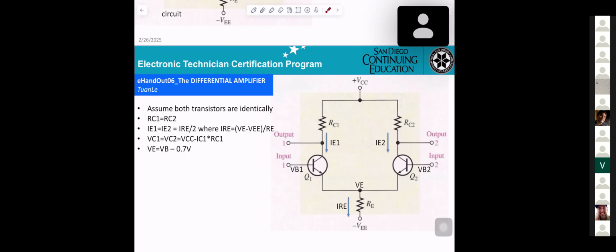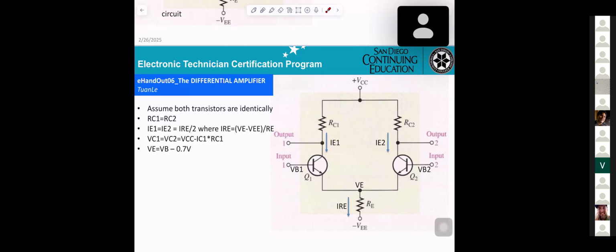And VC1 and VC2 equal VCC minus the drop across RC. That's normal. VE equals VB minus 0.7.